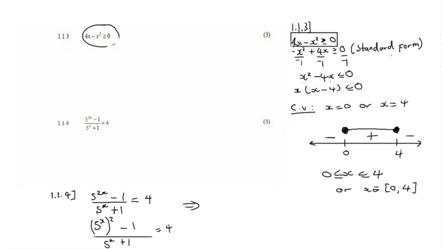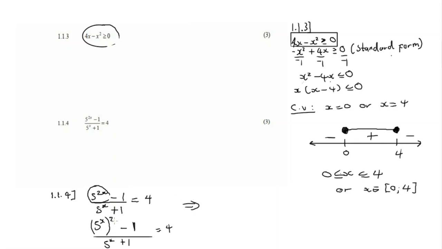Why am I writing this equation this way? Because I can see that this power 5x raised to exponent 2x is actually a squared value because of the 2, right? And then the 1 is also a perfect square, and a difference between two squares we can factorize. I can see that the numerator can be factorized.